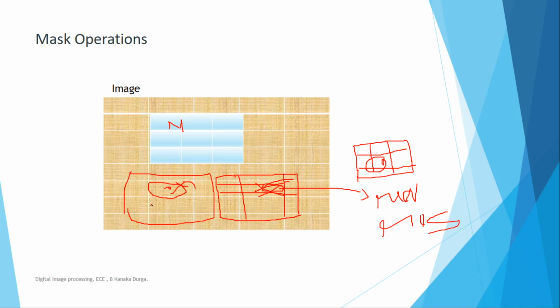We have to do this for each and every pixel of the image for the mask enhancement technique. In order to calculate a single pixel, we are considering the neighboring pixel values. That's why the mask operation comes under neighboring pixel operations, or neighboring operations, of enhancement technique.